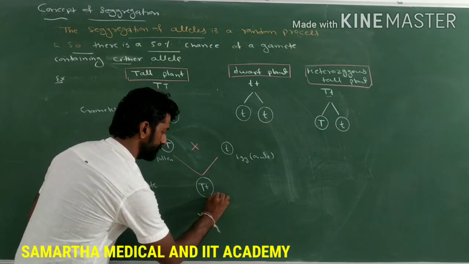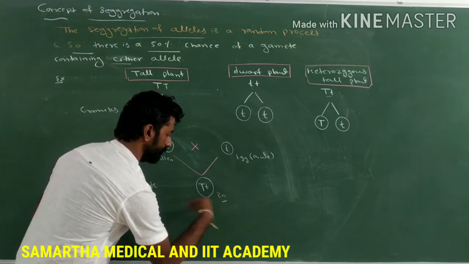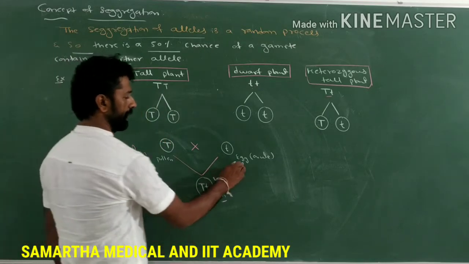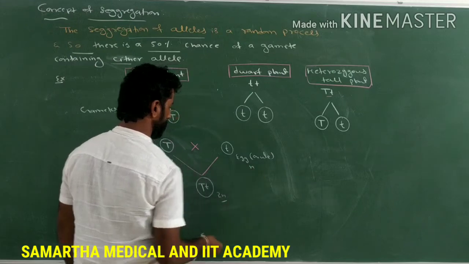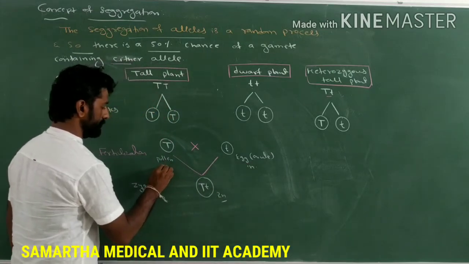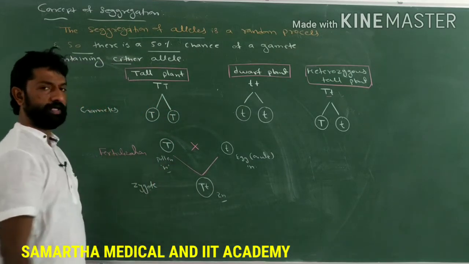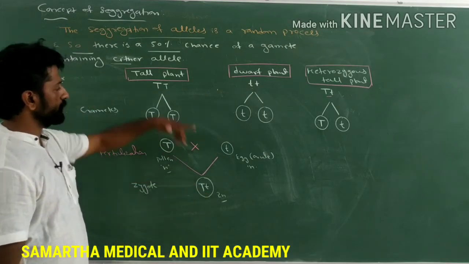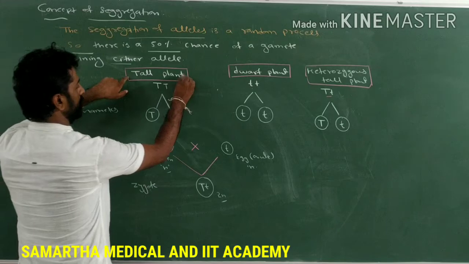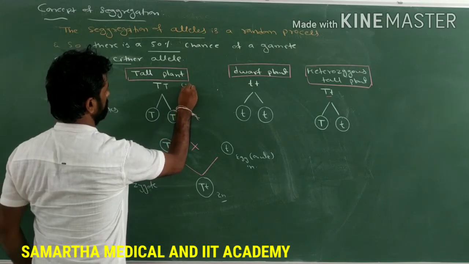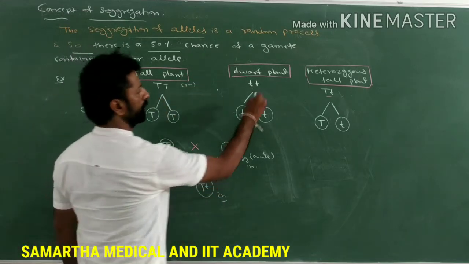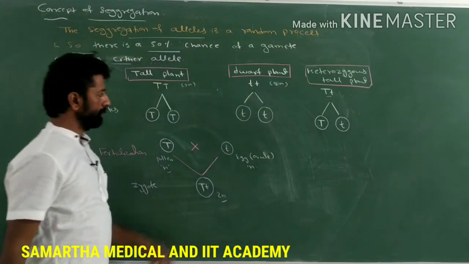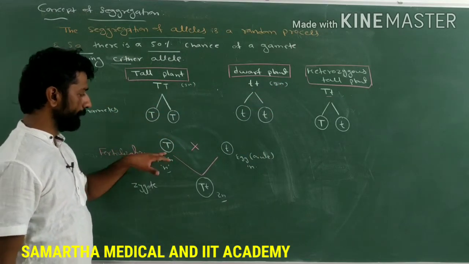This zygote is in the diploid condition, while the egg and the pollen are in the haploid condition, and the zygote resumes the diploid condition of the parents. So the tall plant is diploid, the dwarf parent plant is diploid, but the gametes produced are haploid.